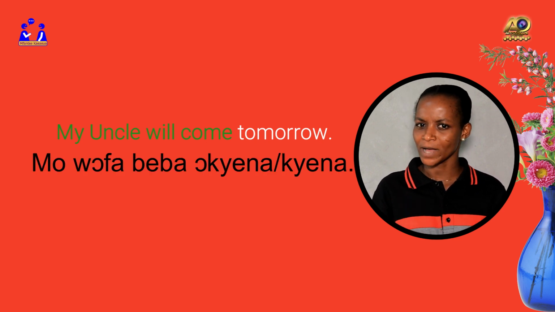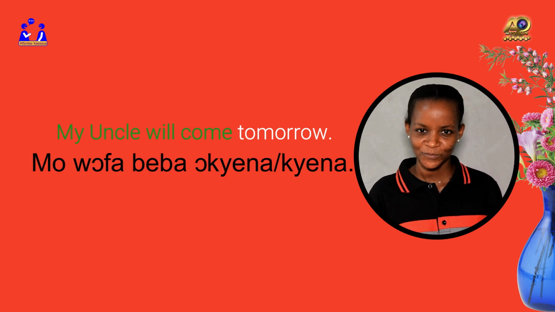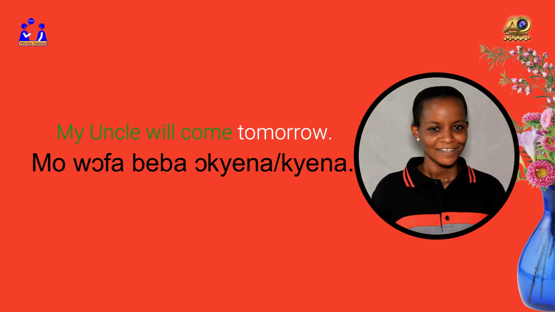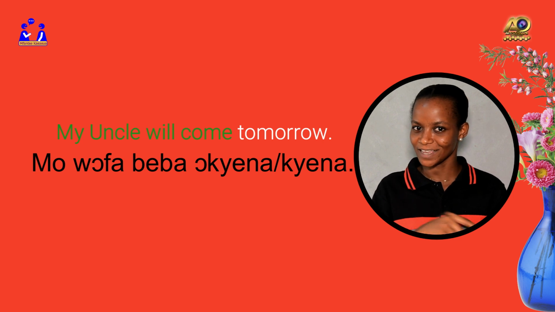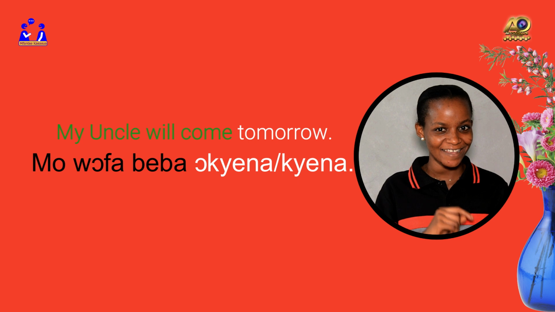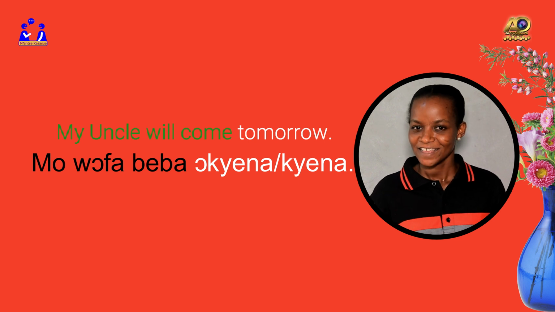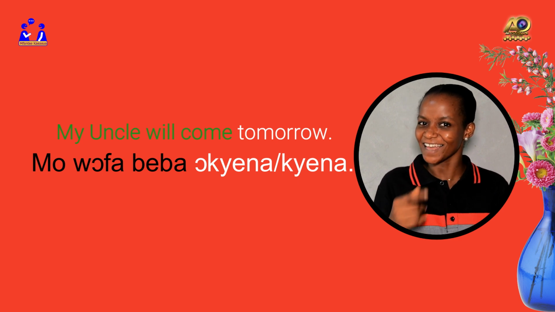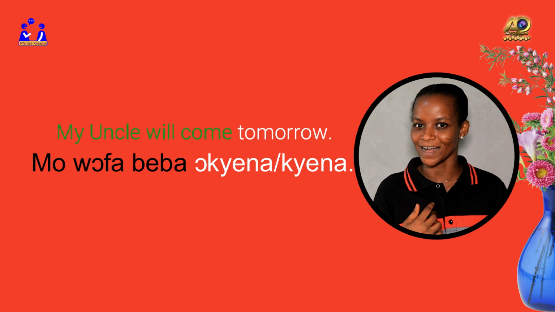Me wɔfa bɛba, Ɔkyena. So the adverb in the sentence is Ɔkyena. So the Ɔkyena, that is tomorrow, is telling us when my uncle will come. Alright, let's continue.